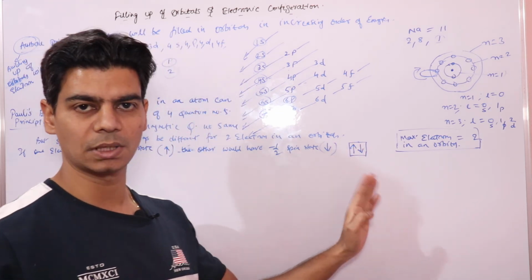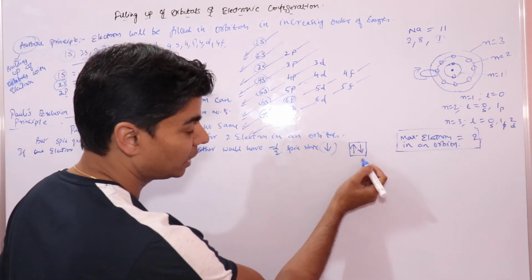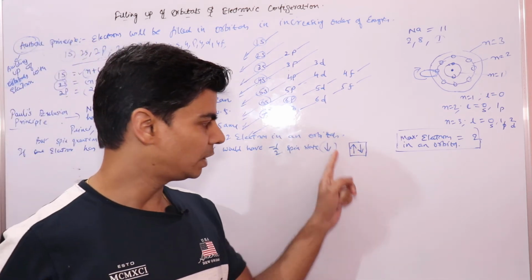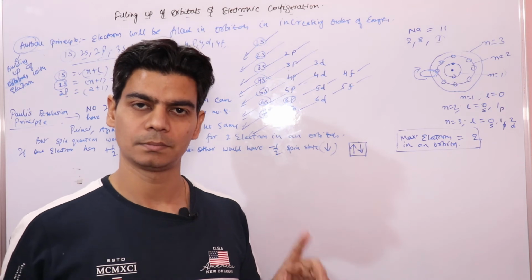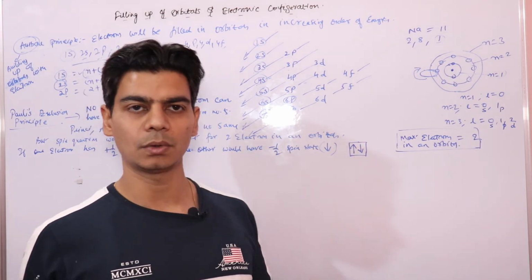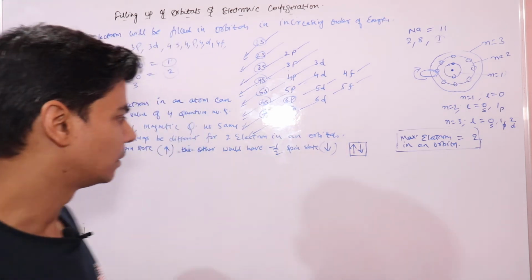One is up, the other is down, right? So this is your Pauli's exclusion principle, and this rule basically tells you how to fill up electrons in an orbital. The electrons that you fill up in an orbital should have opposite spins, shown by these up and down arrows. So the two electrons in an orbital should have opposite spin, right?